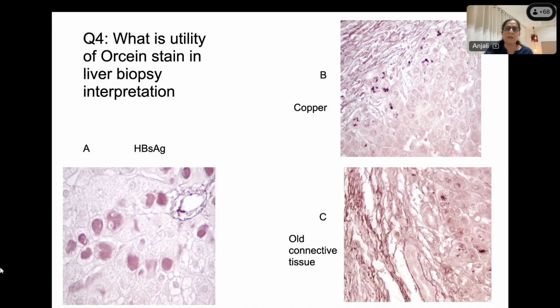So these are three uses of Orsin: HBsAg, hepatitis B surface antigen, copper and copper associated protein, and old connective tissue. So this is the stain which is used for these three things. Of course, for connective tissue, we use mainly Masson's and trichrome, but definitely this helps in old connective tissue staining.